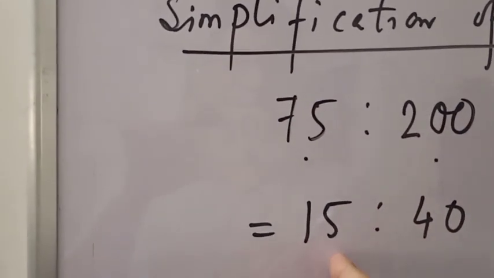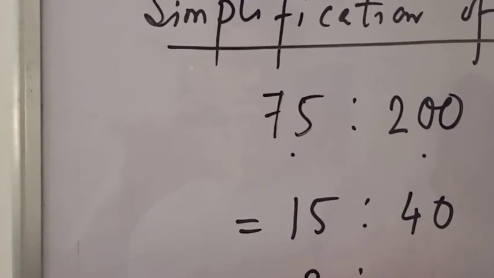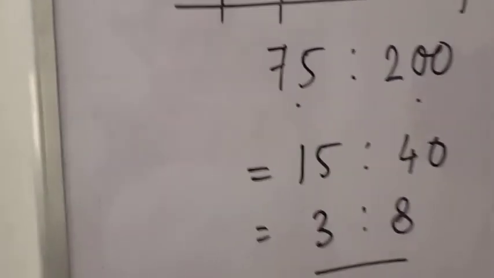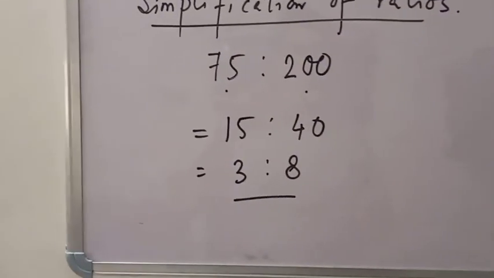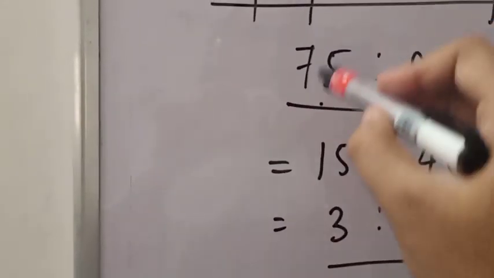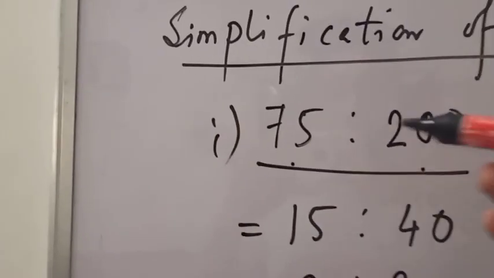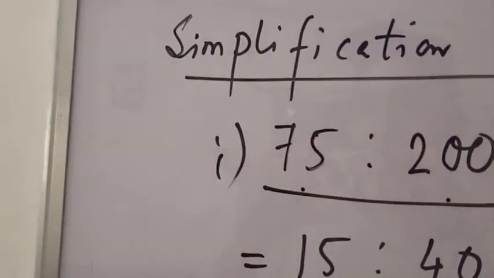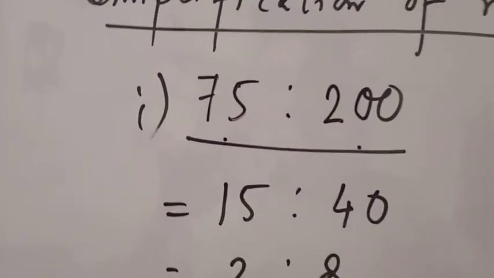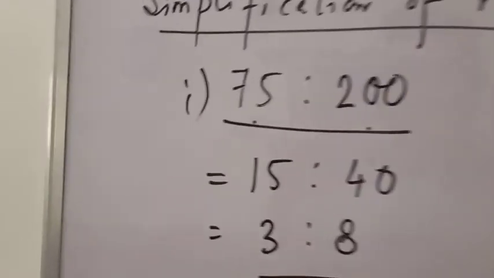If we divide again by 5, that is 3 and this is 8. So this is the simplest form of this ratio. So 3 is to 8 is the simplest form of this ratio. So you have to find the simplification of ratios like that. Just divide both the numbers by the same number.